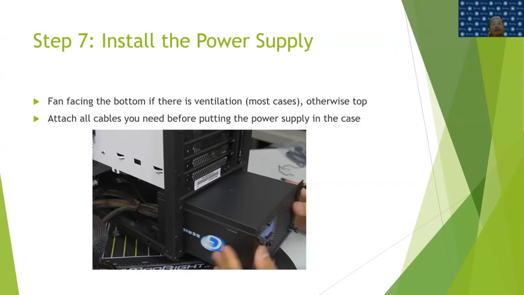If your case has ventilation at the bottom, like holes or ventilation shields, then you'll want your fan facing the bottom. If there is no ventilation at the bottom, then you'll want to face your fan towards the top. Then after that, make sure to attach all cables you need before putting the power supply into the case. This will make it a lot easier in the later steps.